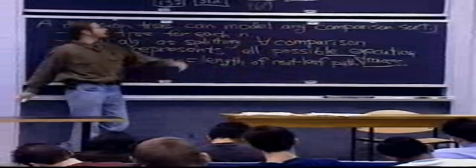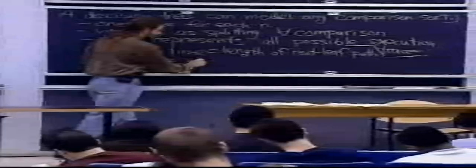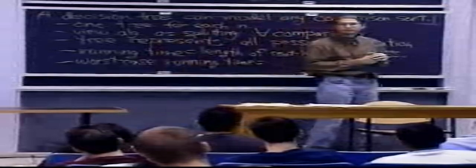Good. So in this example, I made 3 comparisons before I got to the leaf. Once I got to the leaf, I knew the answer. So the running time there was 3 comparisons. What is the worst case running time? So if I consider all the possible inputs, the longest path.